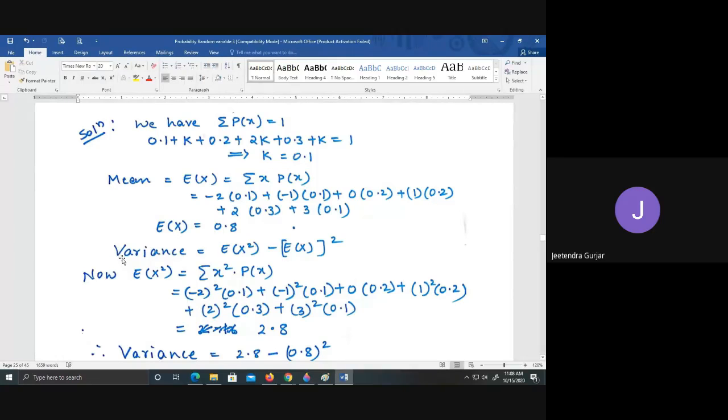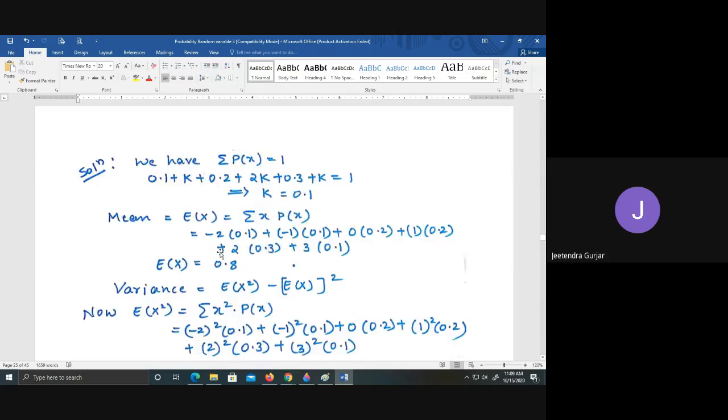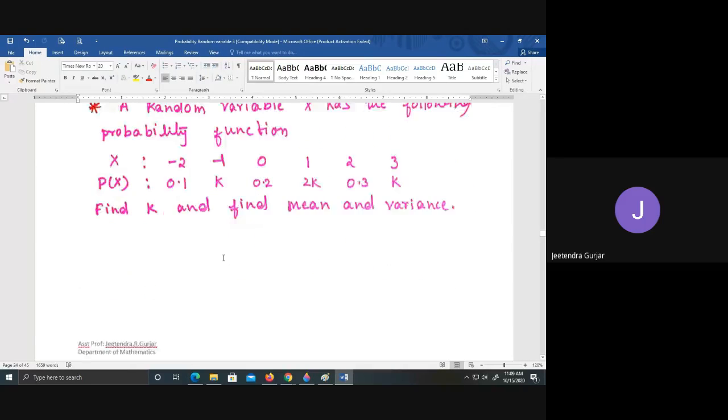Okay. So similarly, variance is equal to, you have to remember the formula, E of x square minus E of x the whole square. E of x we have already calculated as 0.8, the whole square. But you have to first calculate E of x square. I have told you to remember the formula: E of x square is equal to summation x square into p of x. X square means what, student? Here the random variable, you have to square this x and then multiply by the respective probability.